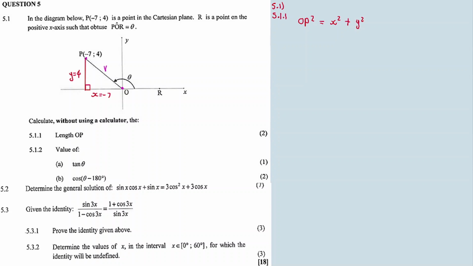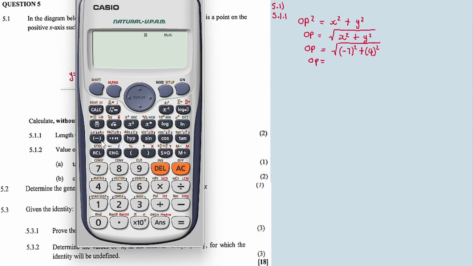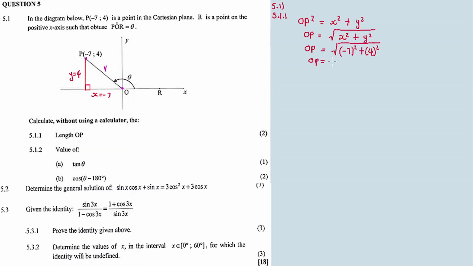So mina ngifuna OP, not OP squared. So ngizothatha the square root on both sides. Then OP is equal to nya substitutor. So after substitution, OP is equal to the square root of -7 squared plus 4 squared is equal to square root 65. So our answer is square root 65.